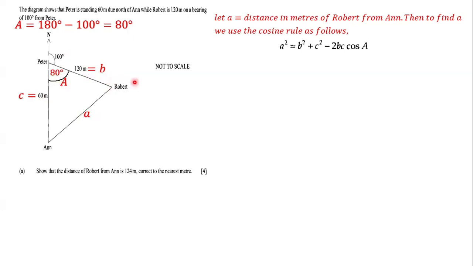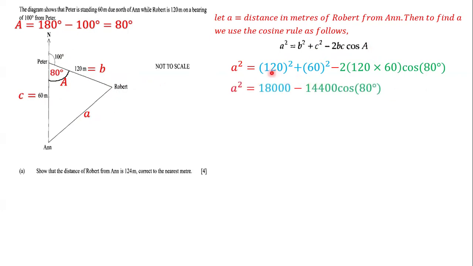Now that we have everything, we're gonna substitute. a is unknown, so that is what we're trying to find. b is 120, c is 60, and capital A is 80 degrees. And so we compute: 120 squared plus 60 squared is equal to 18,000.